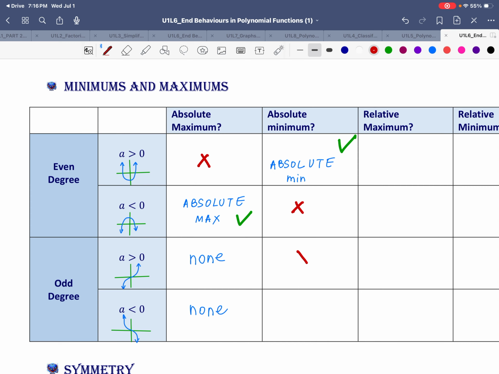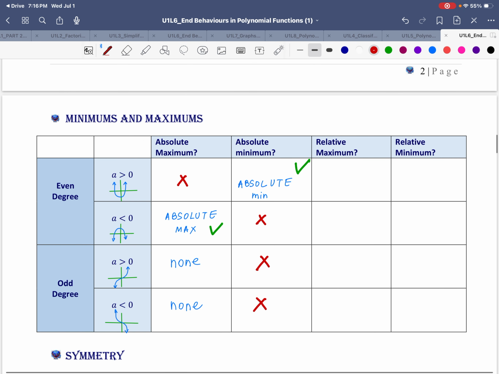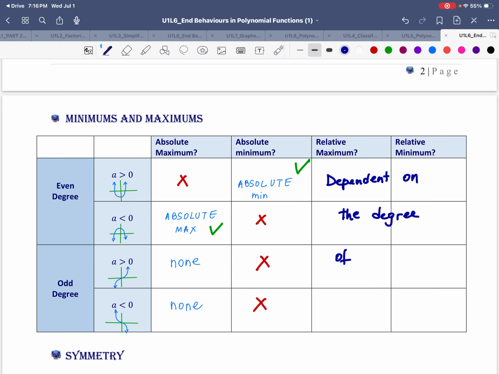But they can actually have a relative min and max. Now, all polynomial functions can have relative min and max points regardless of the degree, and that will equal the number of turning points. So we're going to say that this is dependent on the degree and only on the degree of the function.